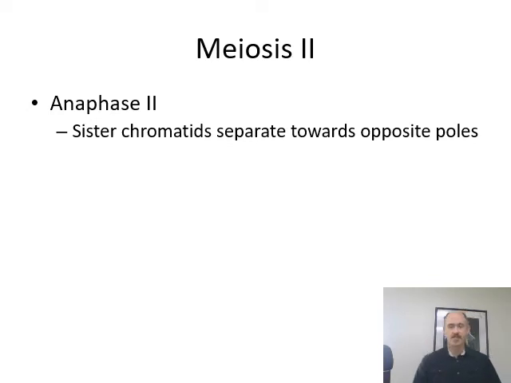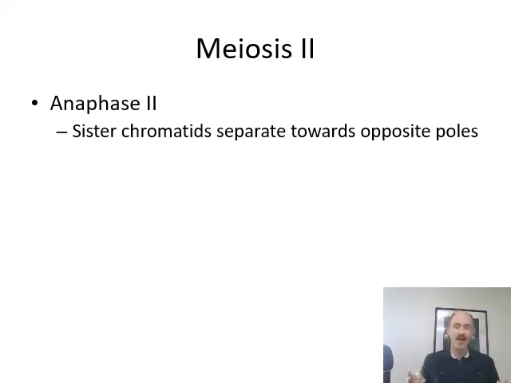Now, this is important. In meiosis 1, chromosomes still had two chromatids each, right? And so they separated in anaphase 1. So if you want to use terminology, it helps to use hand puppets, I think, when you learn this.